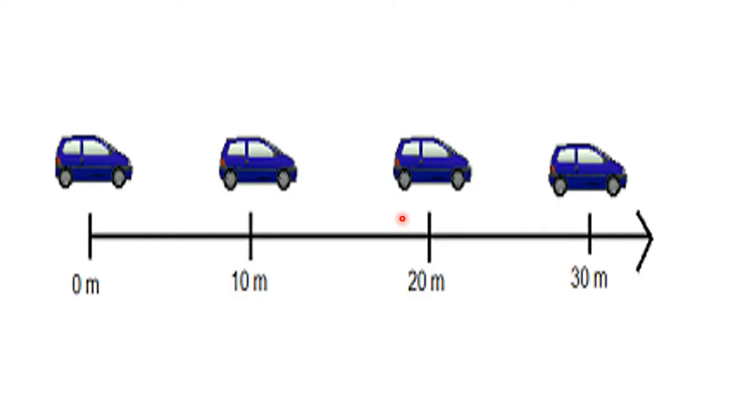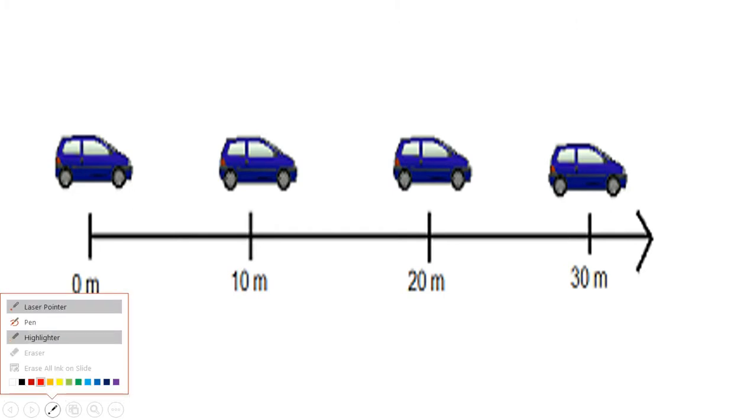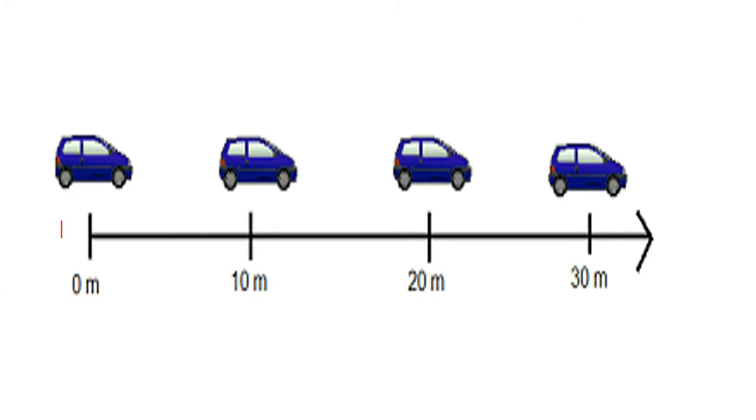See, suppose there is a car at point 1. Suppose this is point 1. This is point 2. This is point 3. This is point 4.